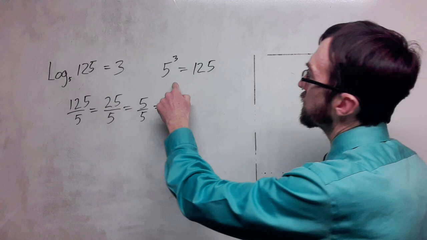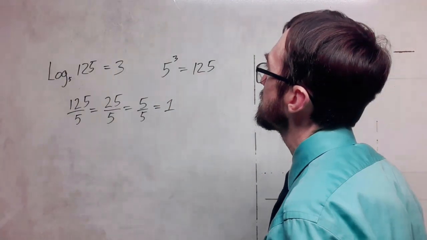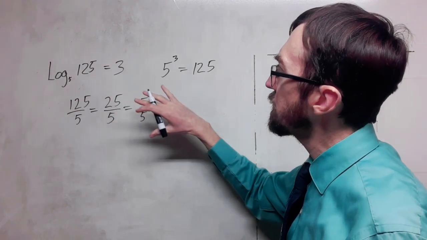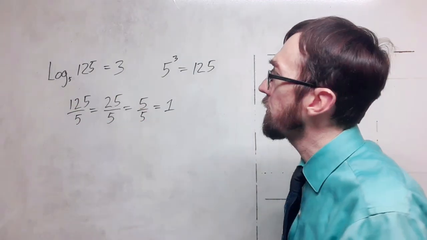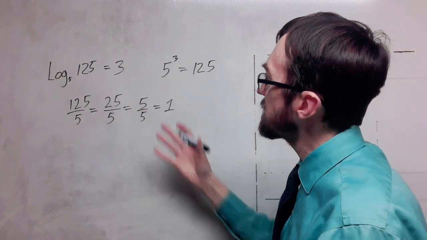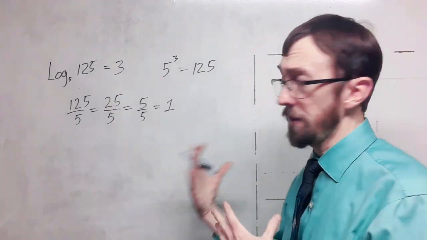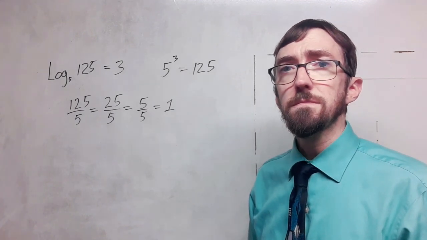And you can do a quick check and verify that this is indeed true. So this, again, works with numbers that are easy to work with. If we have something that's not so easy to work with, it would be much harder to come up with this without some other more involved technique.